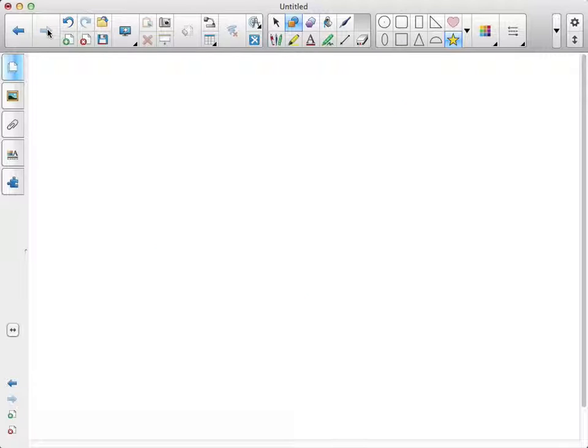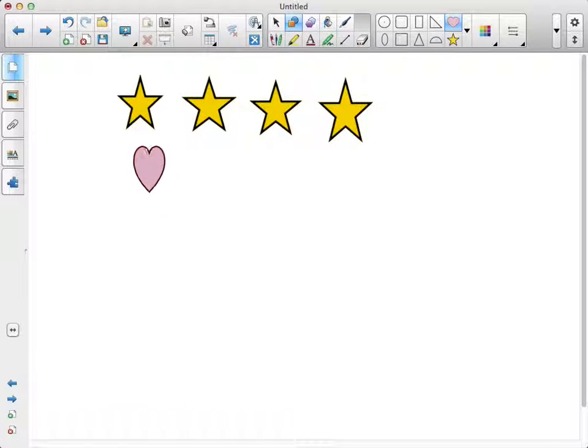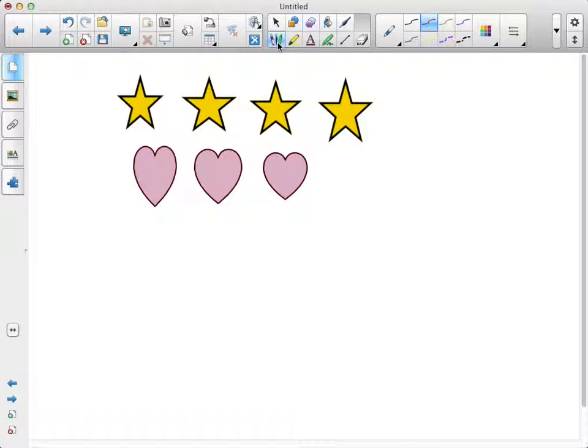It's important also to tell that changing the numbers changes the relationship. If I want to talk about the ratio of stars to hearts, I need to say it's 4 to 3.